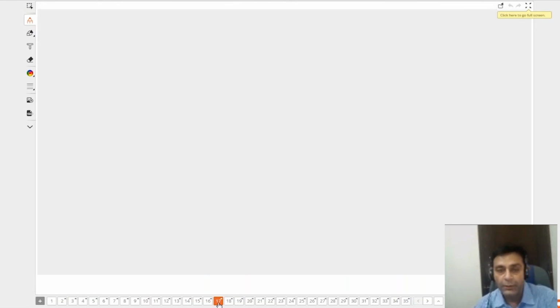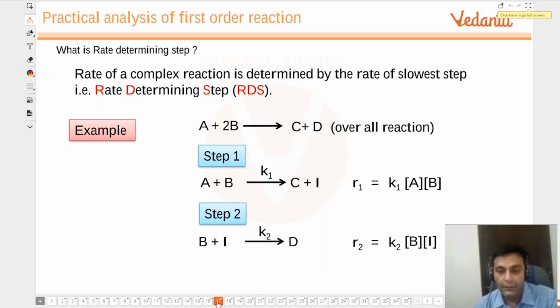Now, I have this example here. K1: A plus 2B to give C plus D. In step 1, A plus B gives C plus I, and then B plus I gives D. Step 1 is the rate determining step.